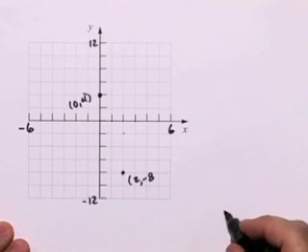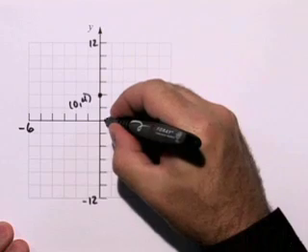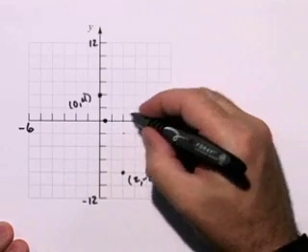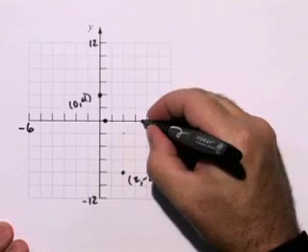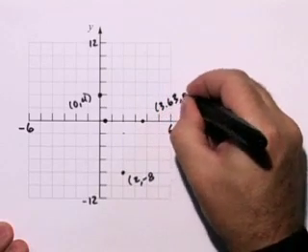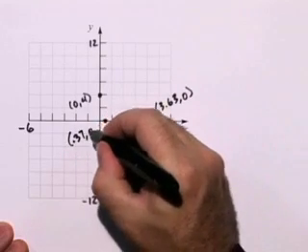We had 2 x-intercepts at roughly 0.37, about there, and 3.63. So that gives us the points 3.63, 0, and 0.37, 0.